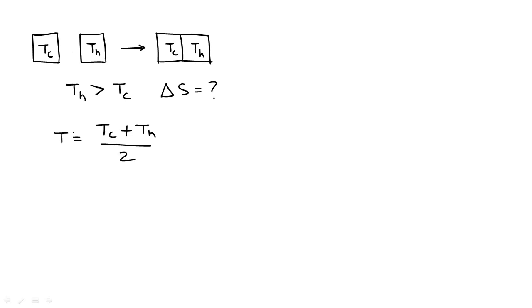A similar reversible process has to be imagined while decreasing the temperature of the hot object from Th to T. So using these reversible paths, the change in entropy of the cold object, delta S cold, is equal to mc integral from T cold to T final of dT by T, where the Tf here is the final temperature of the two objects.